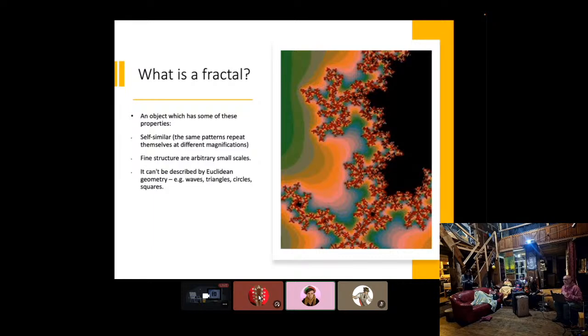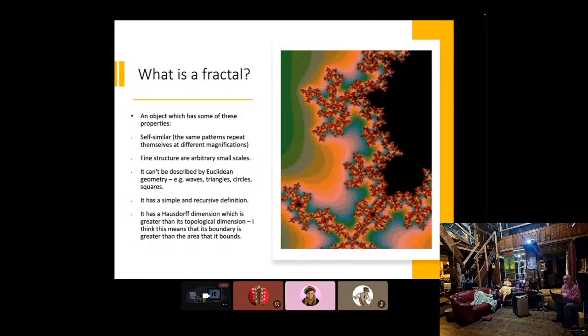It can't be described by Euclidean geometry, so you can't use the standard Euclidean way of describing things like waves, triangles, circles, and squares. It generally has a simple and recursive definition, so they involve recursion, and they apparently have a Hausdorff dimension which is greater than their topological dimension, which I don't really understand. Anyone understand that?